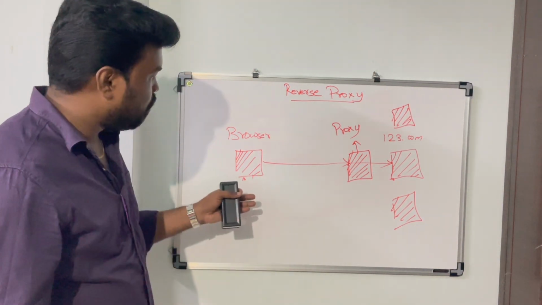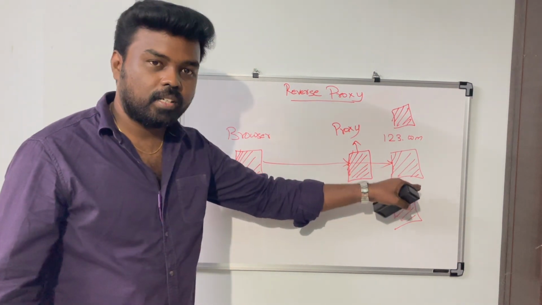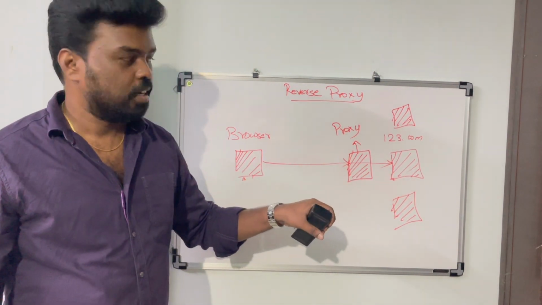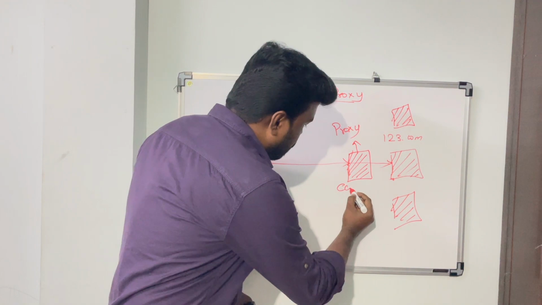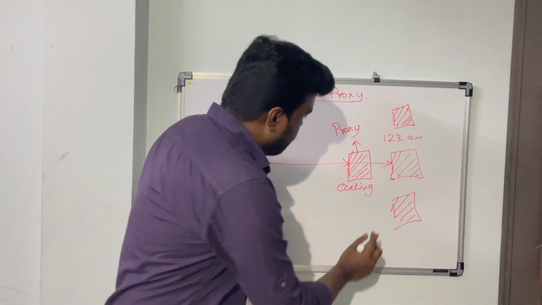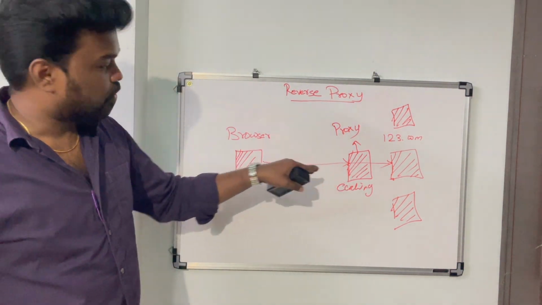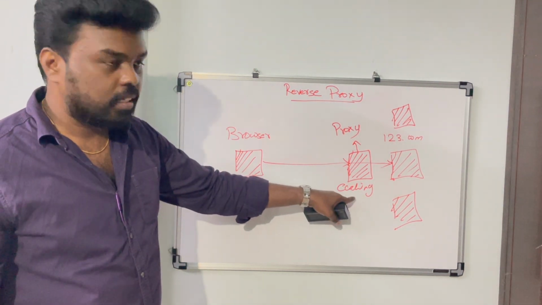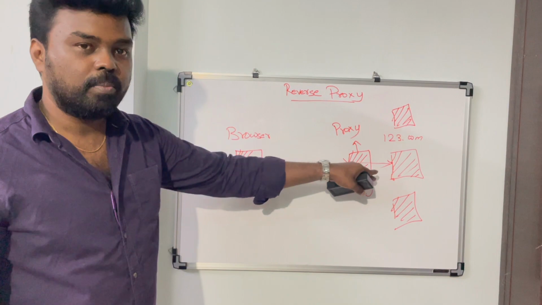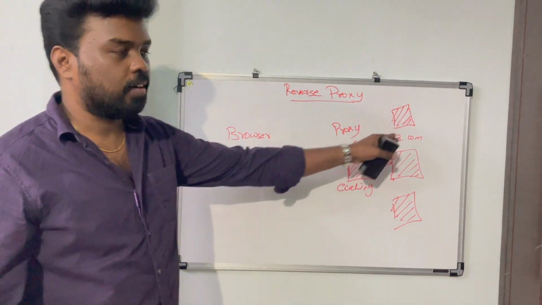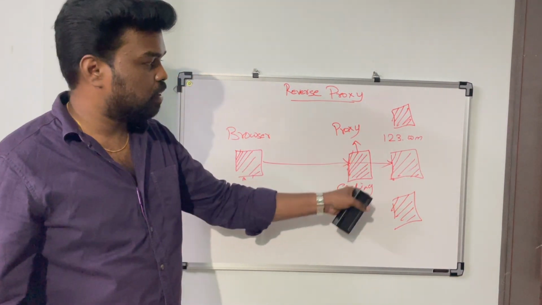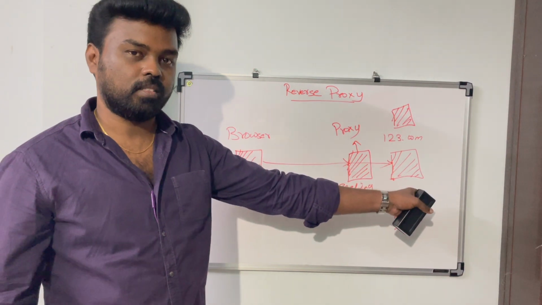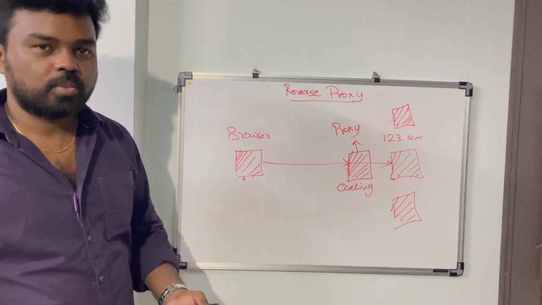So you don't have to hit the application server every time to fetch those static assets. So what we can do is cache all those static assets in the reverse proxy layer. So when the browser requests any assets or content, if the content is available in the cache, the reverse proxy will immediately return it to the browser. It doesn't have to go to your application servers. By doing this, you are improving the performance of your application server. And caching is one of the use cases.